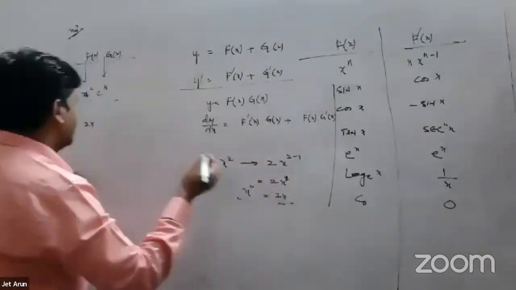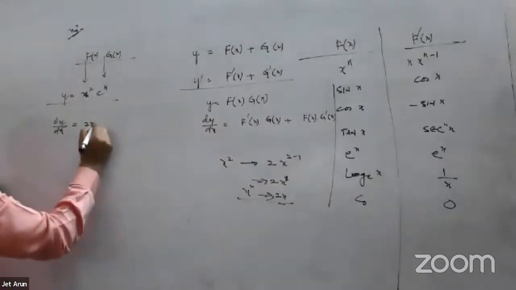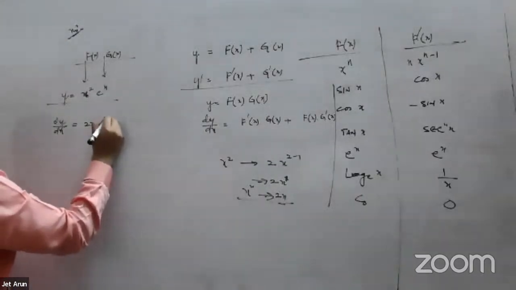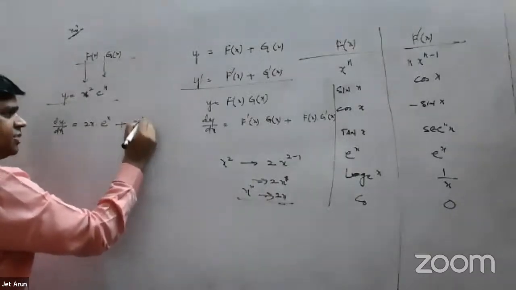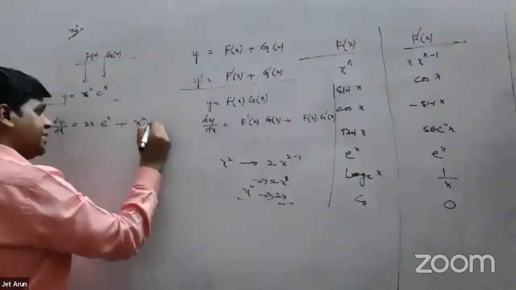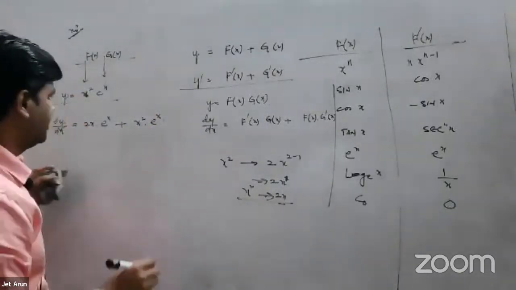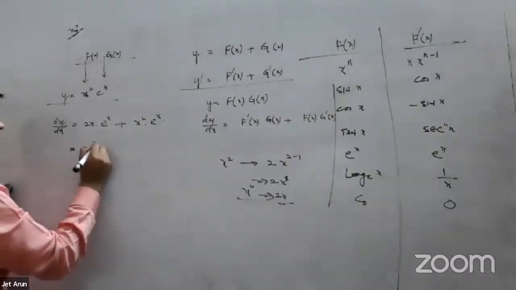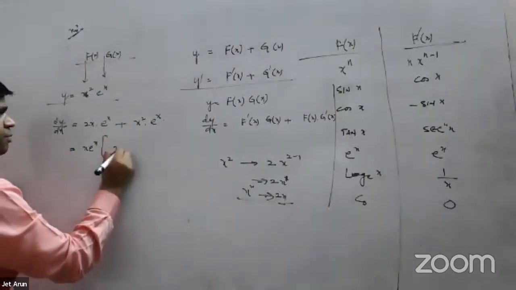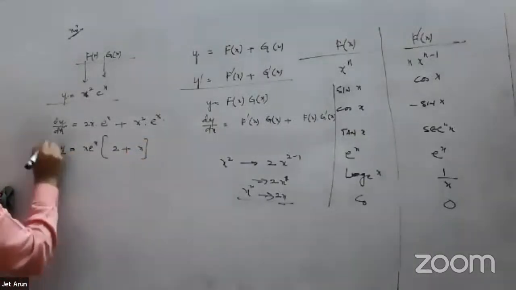That is times g of x, which is e power x, plus f of x as it is, x square, times g dash x. What is g dash x? e power x. Excellent, Gayatri, excellent. So I'll take x e power x common. I'll get 2 plus x. So this is my dy dx.